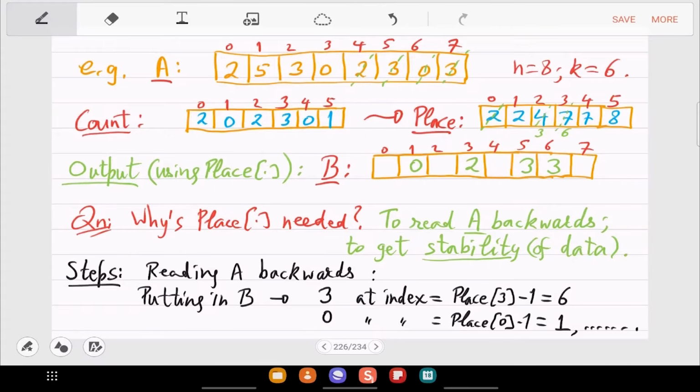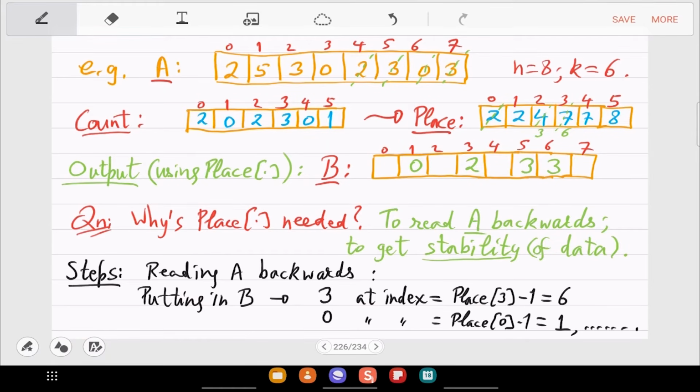Okay, this is basically the guide to your pseudocode. So like this you will produce B, and the main thing here is this stability issue, that we notice that the student number 7 will be placed after student number 5, who will be placed after student number 2. So you have stability of data.